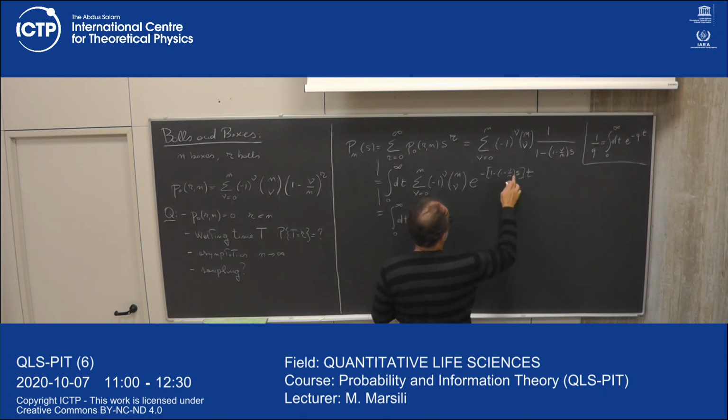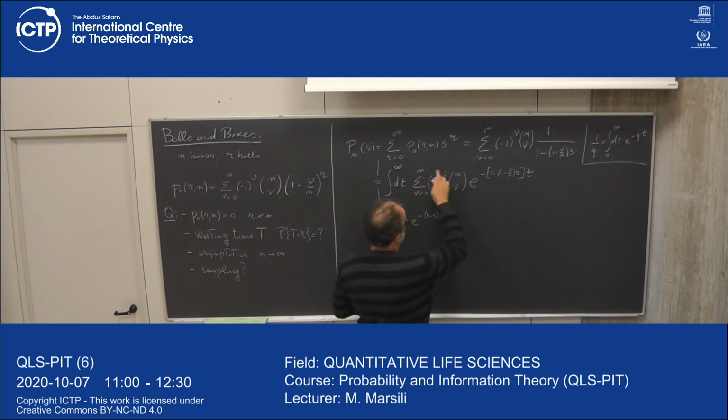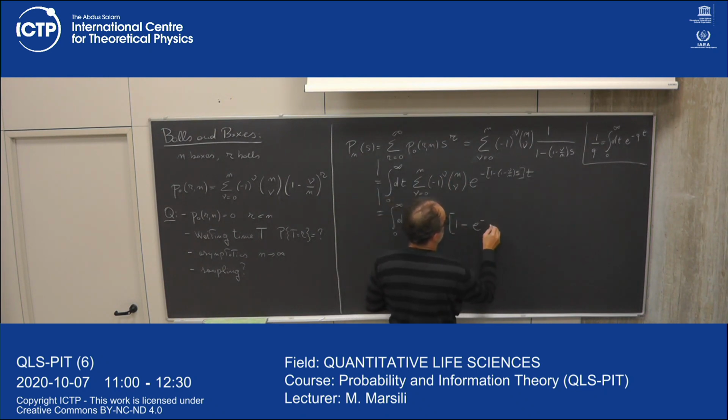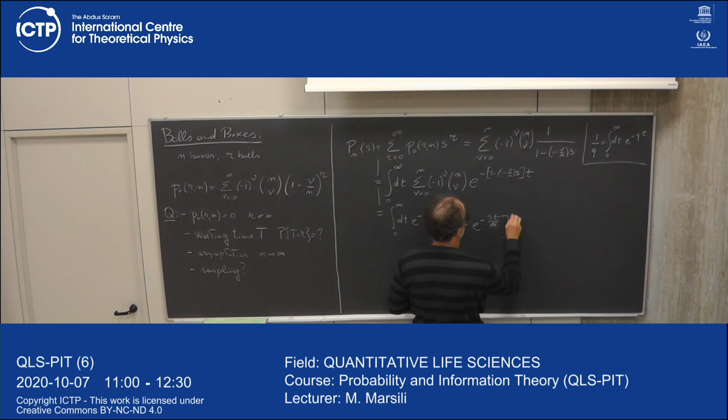So you can use the binomial expansion and write this as 1 minus e to the minus s times t over n, sorry, to the power n.